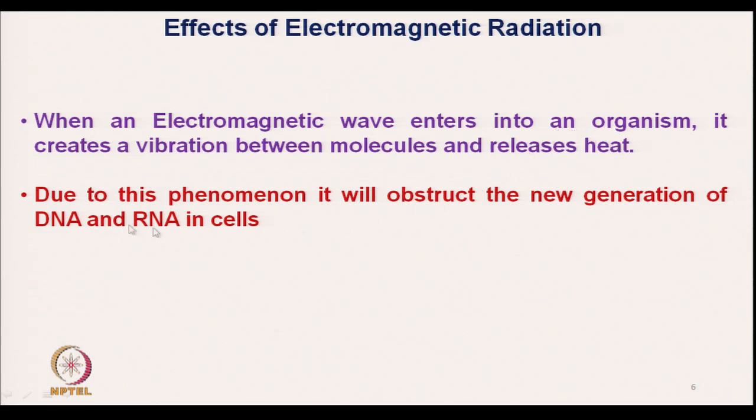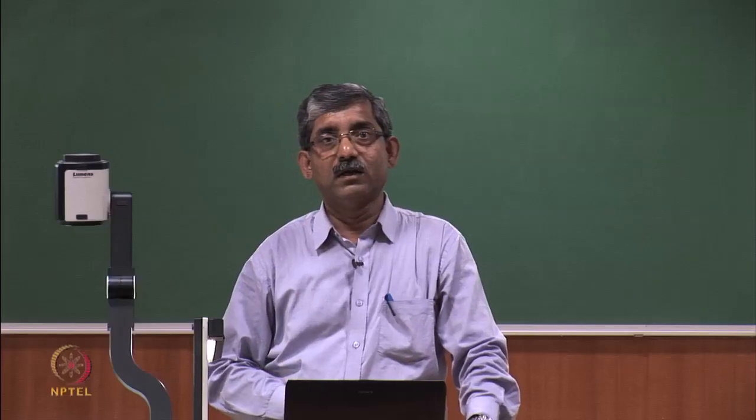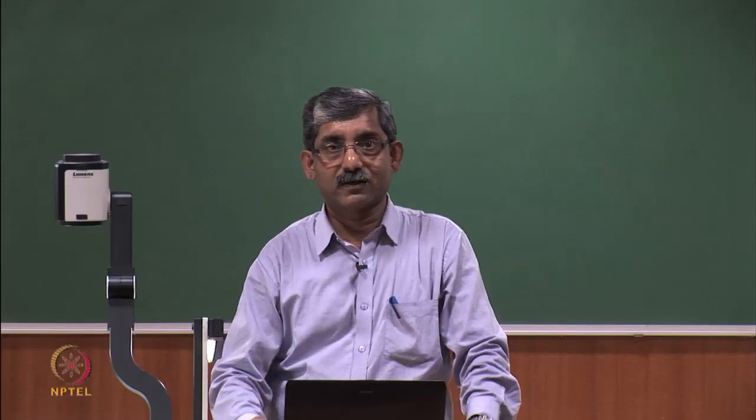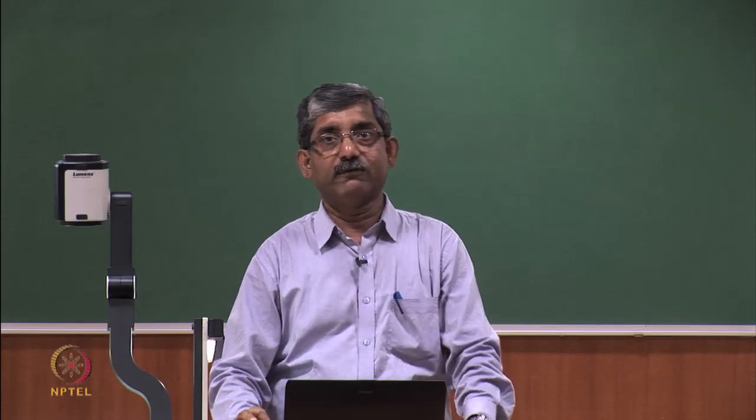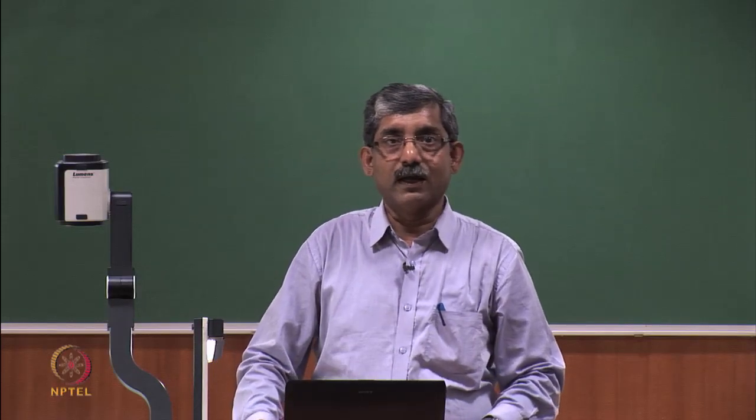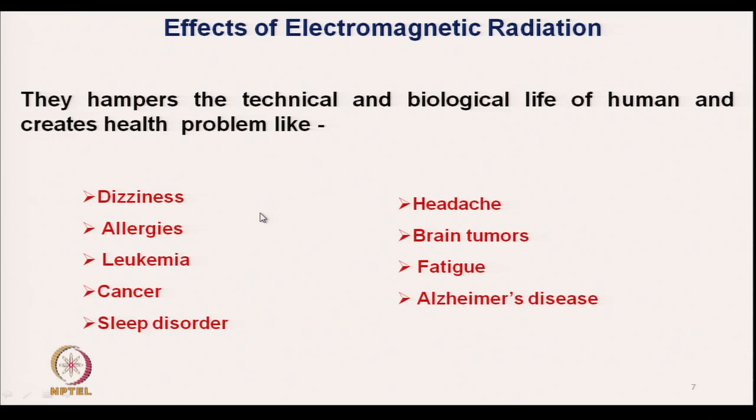Due to this phenomenon it will obstruct the new generation of DNA and RNA in the cells. So, it hampers the biological life of humans and creates different types of health problems.